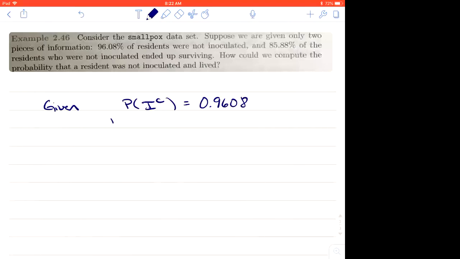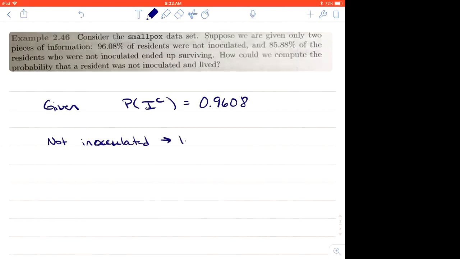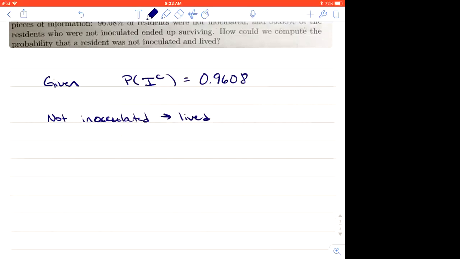So really how we write that is, I'll start slow here. So first they were not inoculated. And then they lived. So it's the same as the probability that they lived given, remember that notation? Given that they were not inoculated.